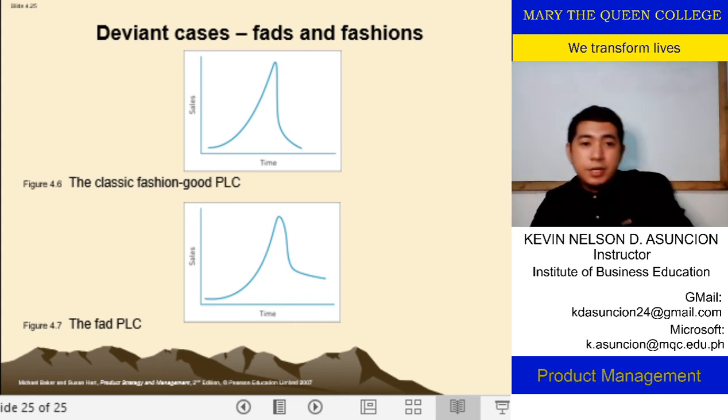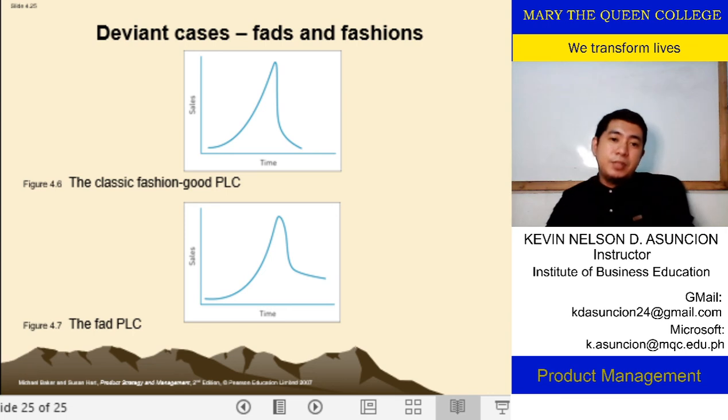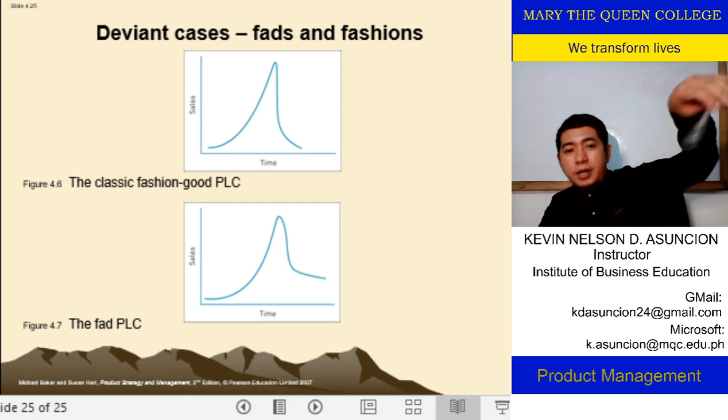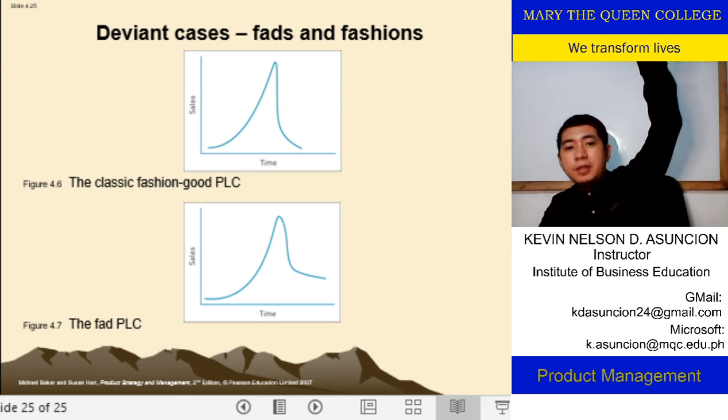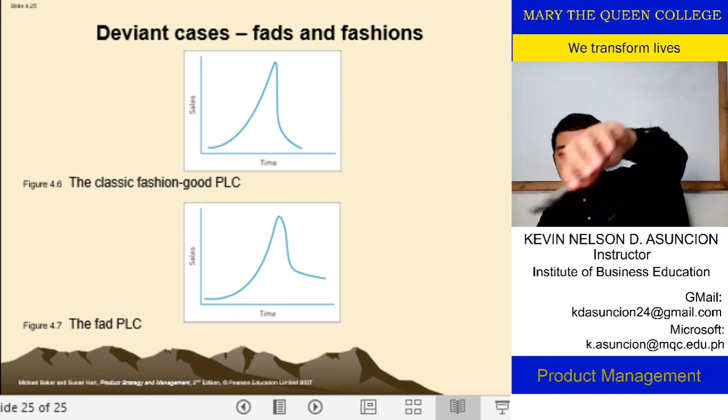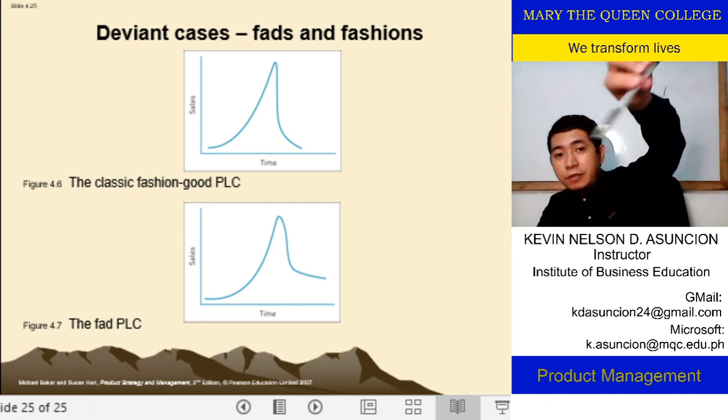So that's a deviant case, as well as fads. Then this is sharp, and then suddenly it goes down to an elimination phase.